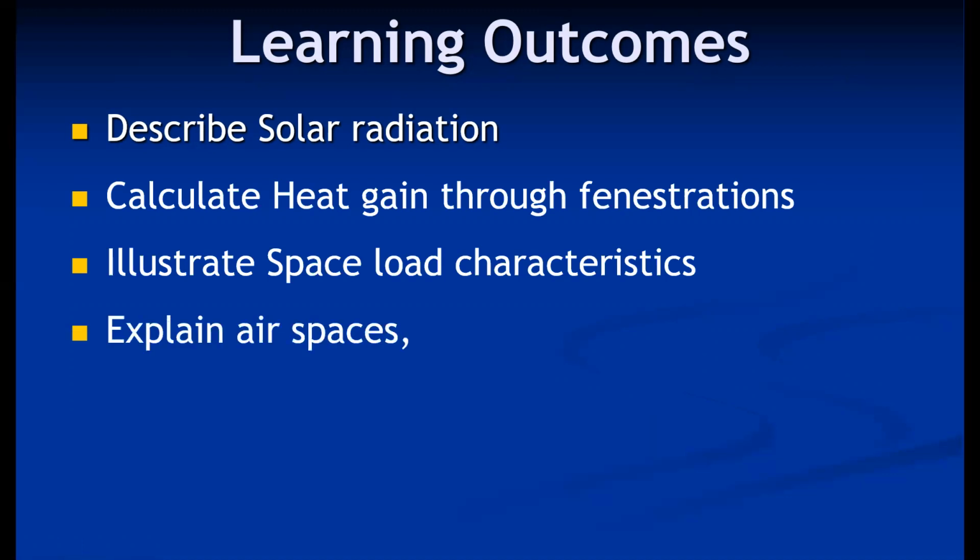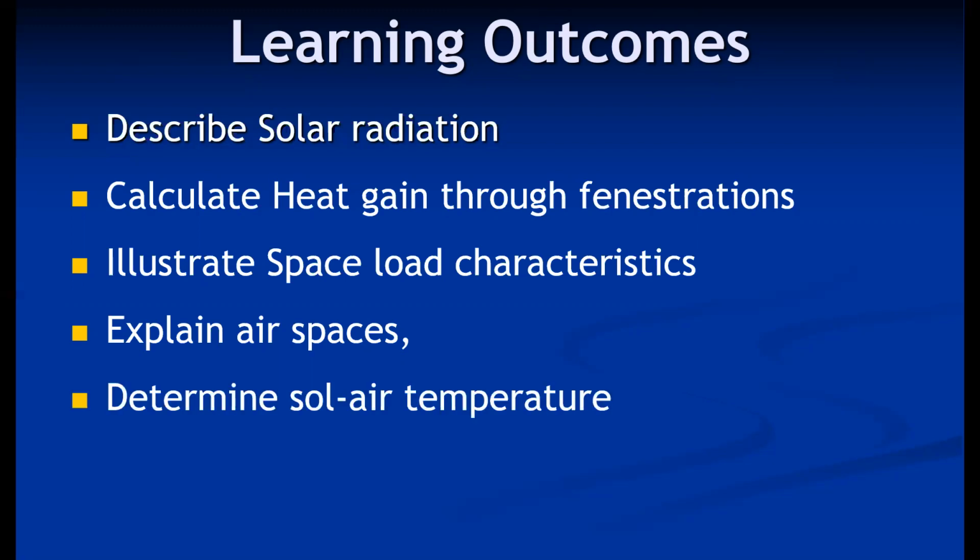Then you should be able to explain the air spaces which are provided, the variation with thickness, and how the mode of heat transfer changes from conduction to convection as the thickness increases. You should be able to determine the solar air temperature for the given condition. In order to calculate solar air temperature, we mainly require the outside air temperature, solar intensity, absorptivity, and outside heat transfer coefficient.